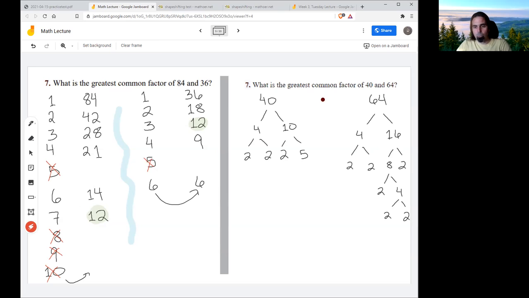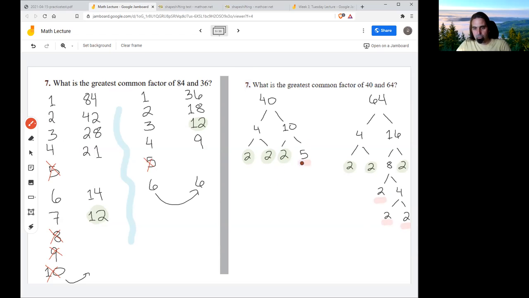Now I'm looking for a factor in common, so I'm going to highlight all the leaves that appear on both trees. There's a 2, there's another 2, there's another 2, then these 2s don't count because there's not a matching one on the 40 tree.